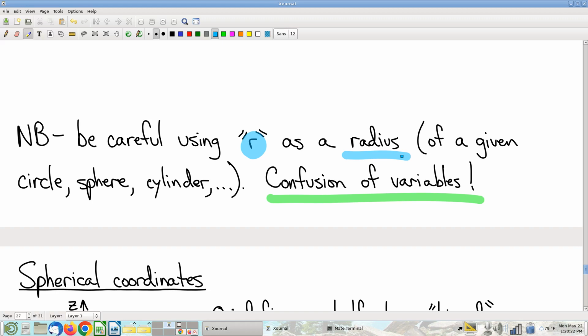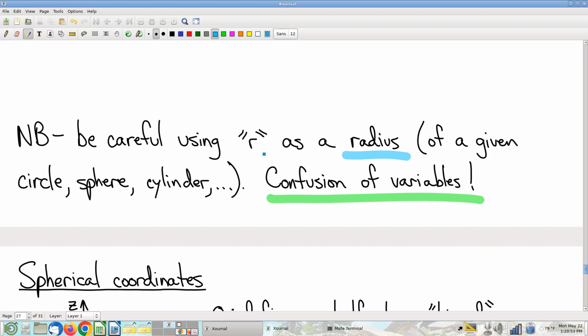If there's something round in your problem that therefore has a radius and you would like to refer to that radius, don't use r unless you're quite sure you will not be using cylindrical coordinates. And even then, you still probably shouldn't call it r because your reader, grader, whatever, might think that you were talking about cylindrical coordinates or polar coordinates, right?